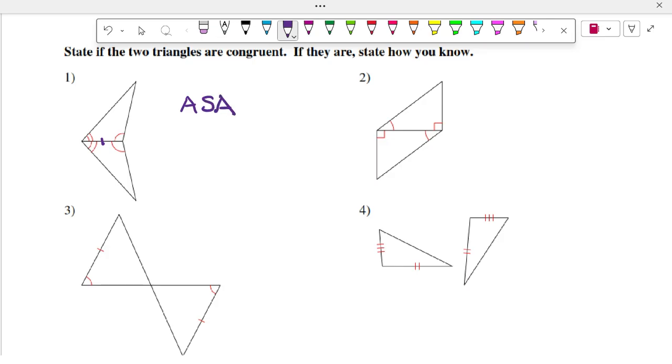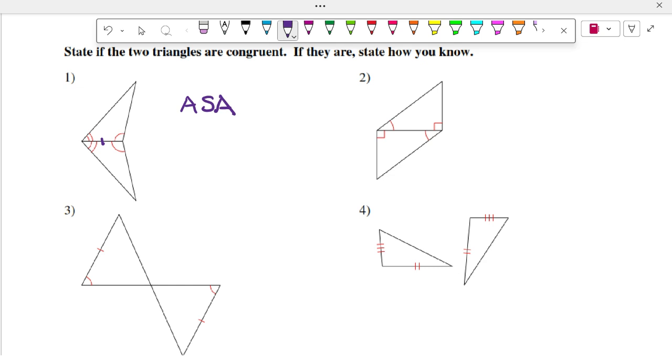Because you have an angle and an angle with a side in between them. Or if you want to think about it this way, this angle includes the congruent side, and the other angle includes the congruent side.